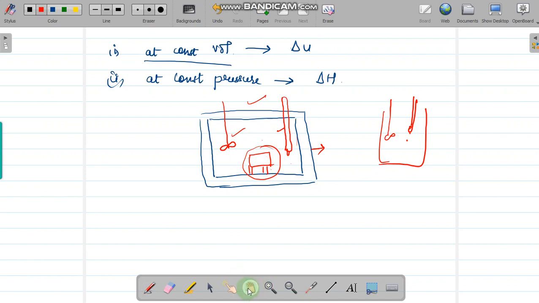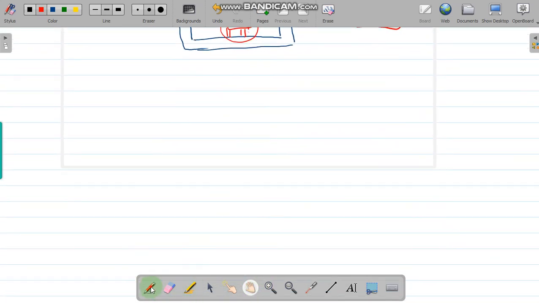Next calorimeter is the cup calorimeter, and cup calorimeter we usually use in the laboratory. In this, on the outer area we have a polystyrene cup. It acts as an extra layer of insulation.